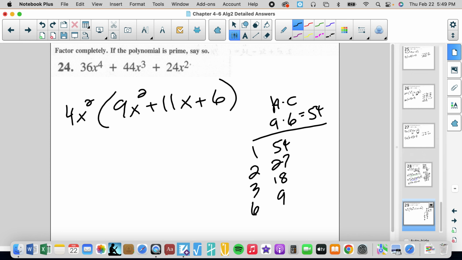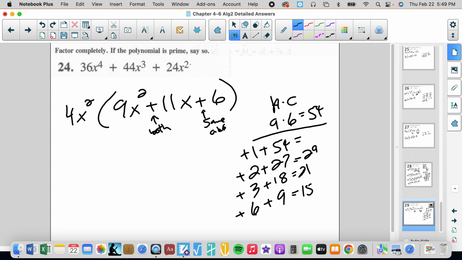And that's it. Signs are the same. We're going to add our factor pairs, and they're both positive. That's going to be 55, 29, 21, 15. Did I do it right?